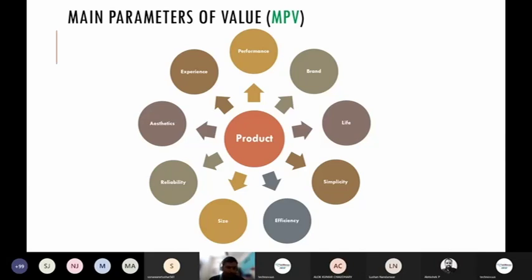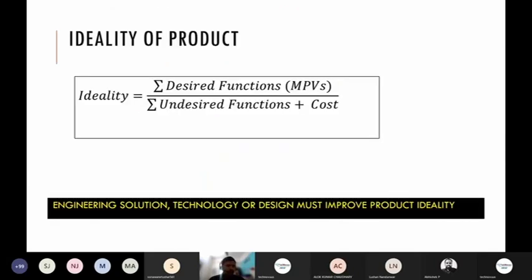So we define a parameter called ideality, which is one single measure of all the MPVs together, right? You sum up all the desired MPV functions on the top, which is the numerator.